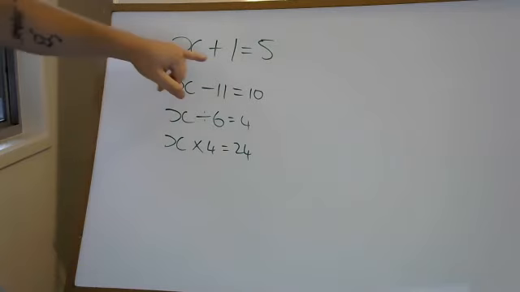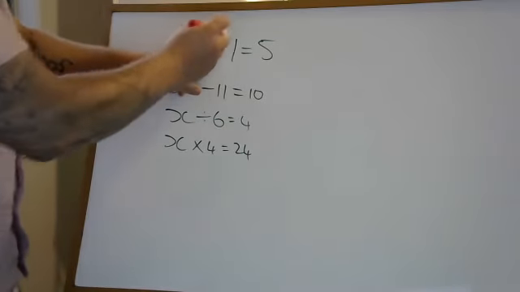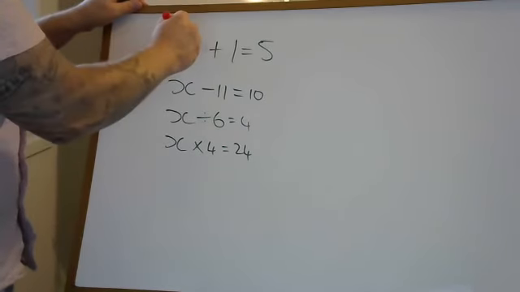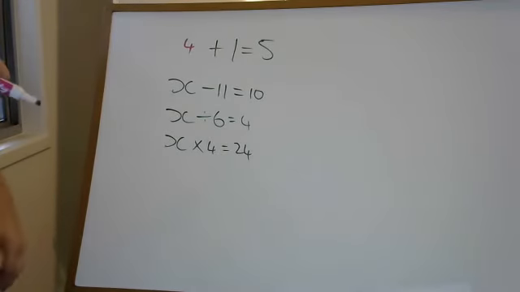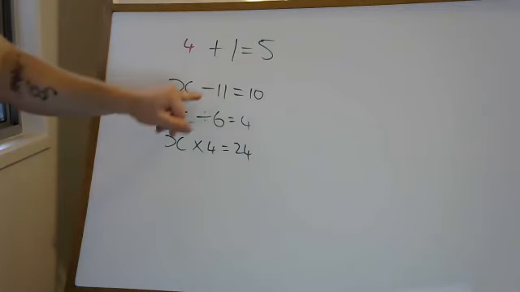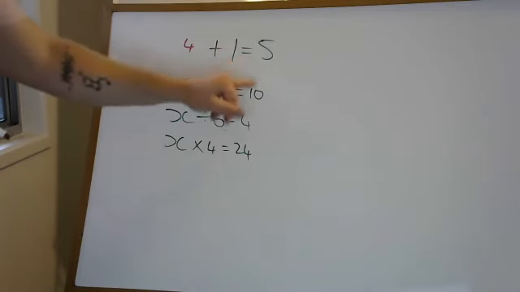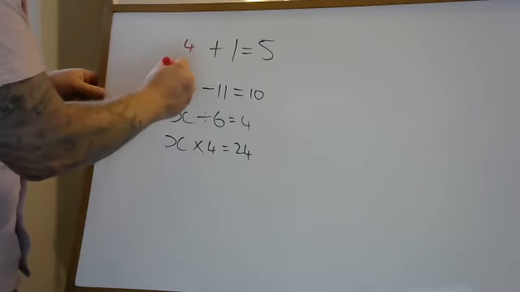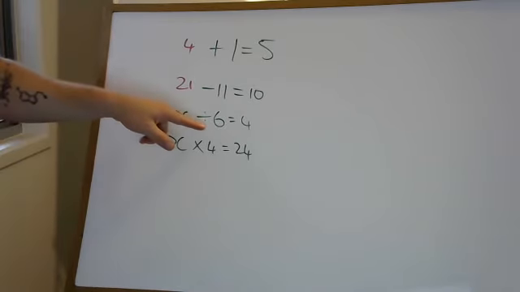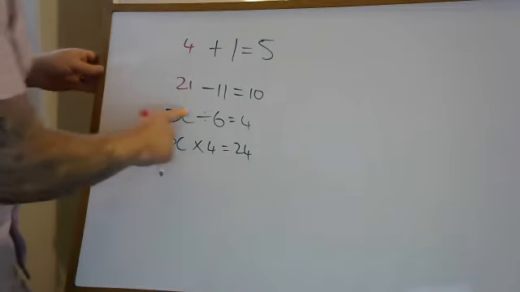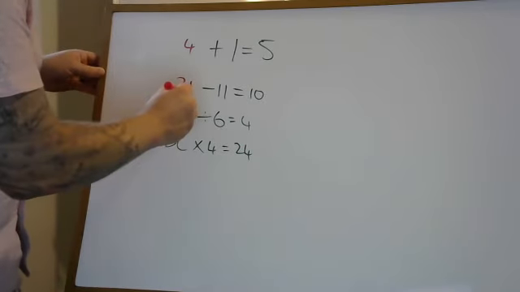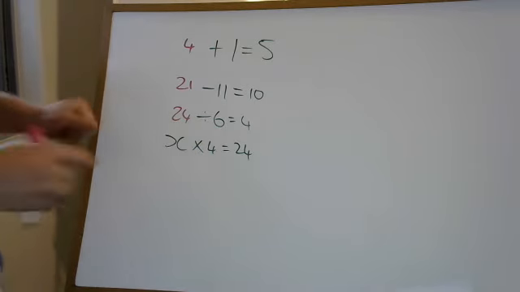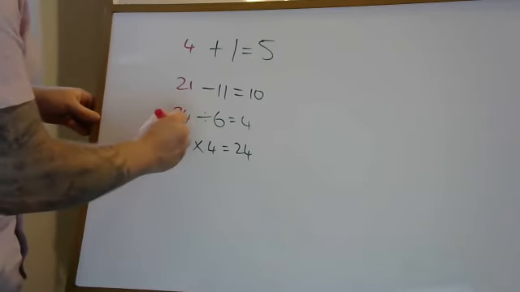So, if there's a plus sign, take 1 from 5, and that will give you the answer of 4. If we have a minus sign, add the two numbers together, that will give us 21. If you see a divided by sign, 4 times 6 is 24. If you see a multiplication sign, 24 divided by 4 is 6. Anyone want to check my maths while we're going?